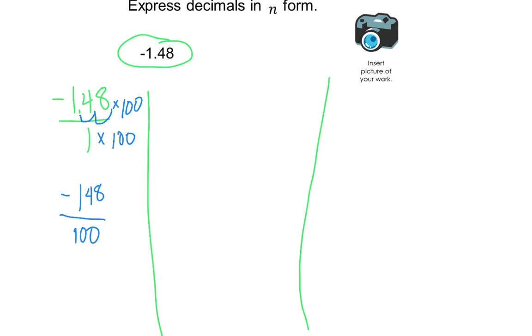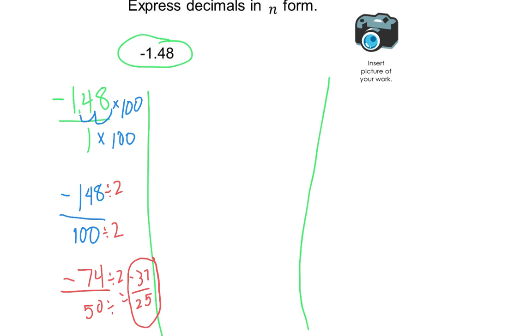But I'm not done yet because I have to simplify that. I know that I can divide them both by 2 because it's an even number. I can divide it by 2 again because they're both even numbers. And let's see here, negative 37 is a prime number, so now I am done.